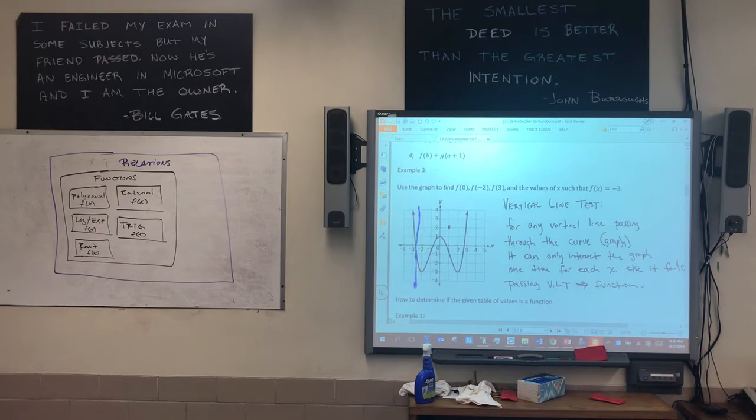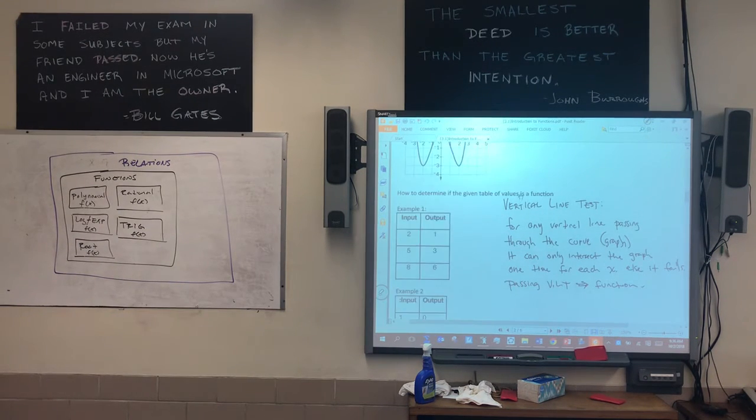Do I pass all the way through up to here? Do I pass all the way over here? So I've passed an infinite number of times, right? Do I fail here at 1? Is that enough to say that's not a function then? Absolutely. So when we're doing the vertical line test, that's the concept that we're trying to target here.